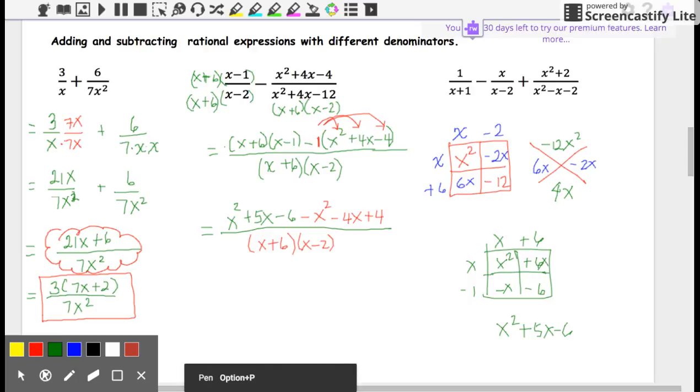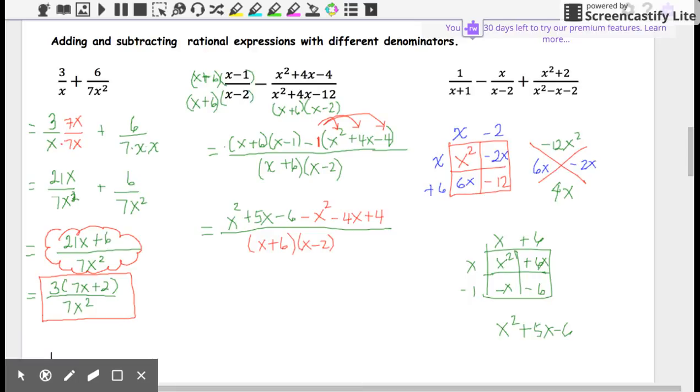All right, now we simplify the top. We notice that x squared and negative x squared are opposites of each other, so they cancel out. 5x minus 4x is x. Negative 6 plus 4 is negative 2, over x plus 6 times x minus 2.